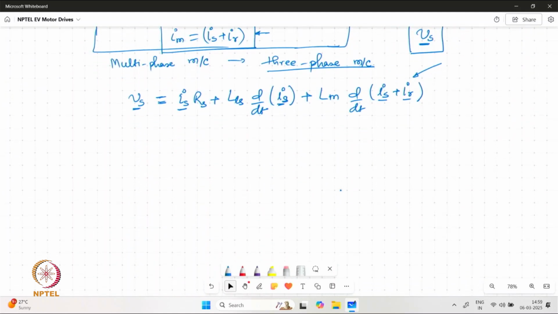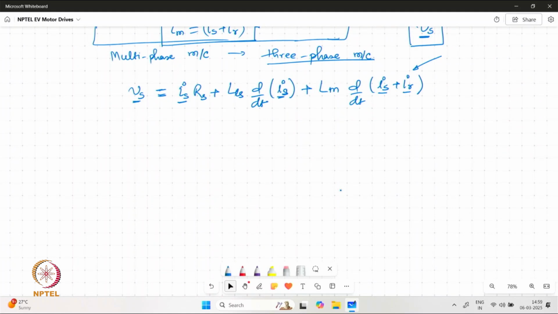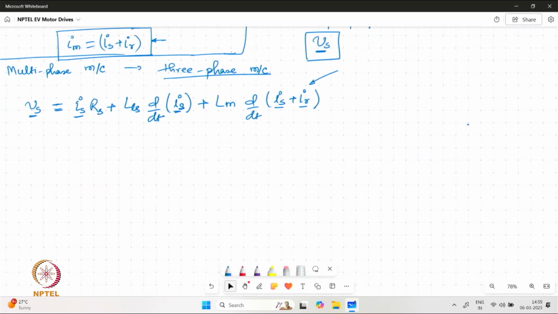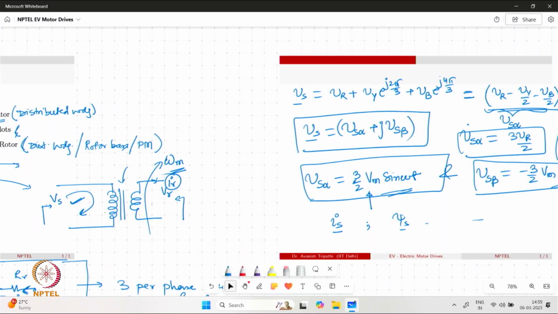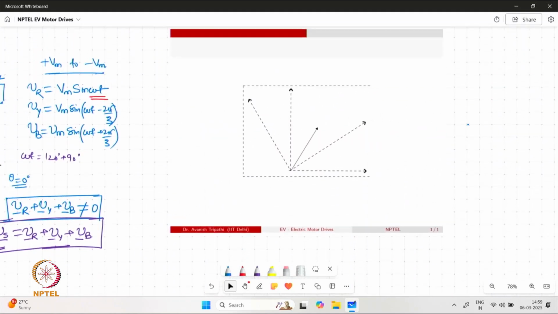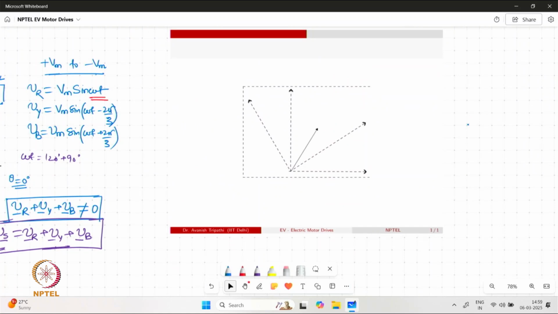So at this point of time, what we will do is that we will take the frame of reference which we have considered for our voltage vector, and we will see how the rotor current vector can be represented. For example, we have an alpha beta frame of reference and we have represented our Vs voltage vector in that, so the Is vector also can be represented in that.